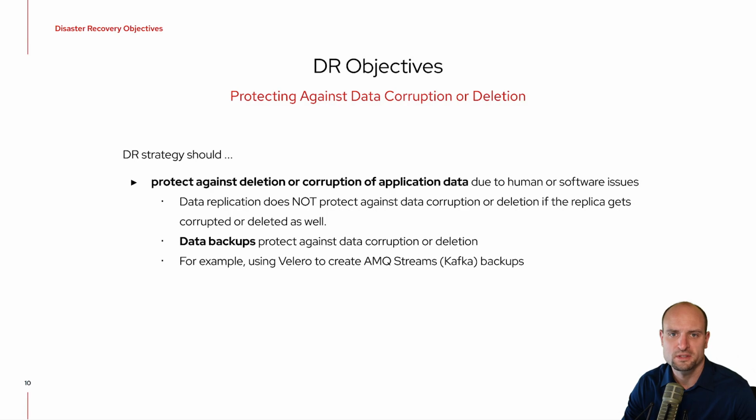Note that continuous data replication will not help you against these kinds of disasters, because as the data is corrupted in the primary location, it will be copied exactly like that into the secondary location as well. So you will get corrupted data on both sides. What helps against data corruption is periodic data backups. In our case, for example, we were backing up our data from Kafka clusters using Velero.